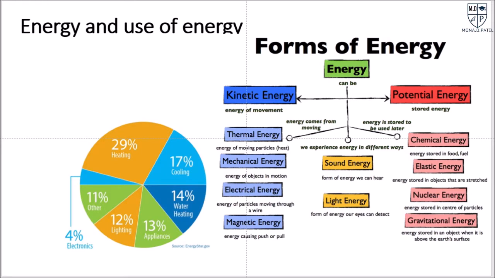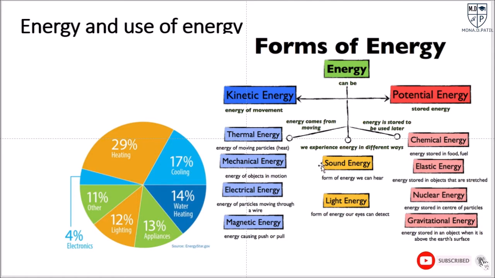Here, various forms of energy. We know that mainly energy can be kinetic, on the basis of energy of movement, and potential energy, which is stored energy. Then energy can be divided into this type also. If energy comes from moving, then it can be thermal, mechanical, electrical, and magnetic form.